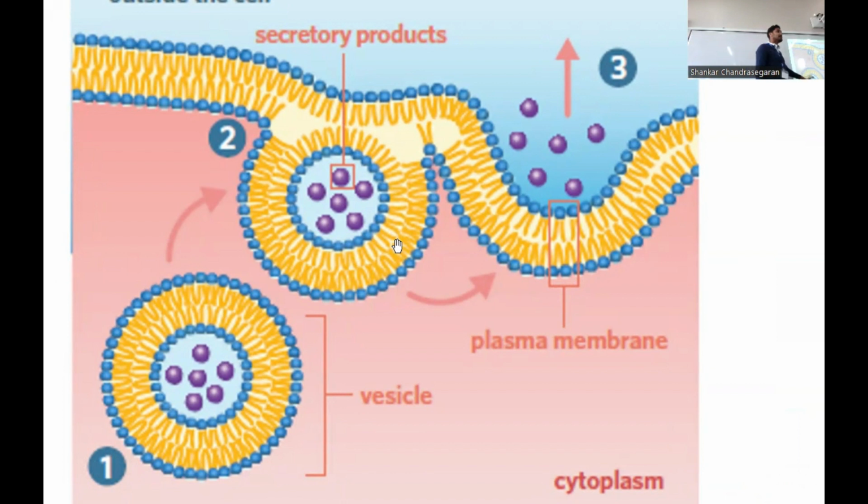That's why they can merge and fuse together as easily as they do. And it's also due to the fluid-like nature of the plasma membrane. You have to remember that, because if they do ask why vesicles can form and fuse so easily, you need to be able to refer to the fluid-like nature of the plasma membrane.